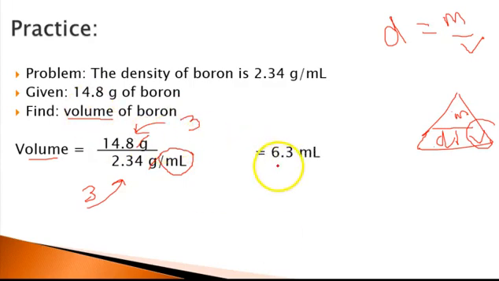Now here in this problem, they said 6.3, but that's not correct. The correct answer is 6.32 milliliters, because this needs to be in the right number of significant digits. There are only 2 here, and I needed 3.